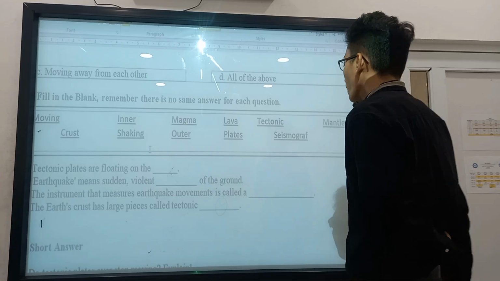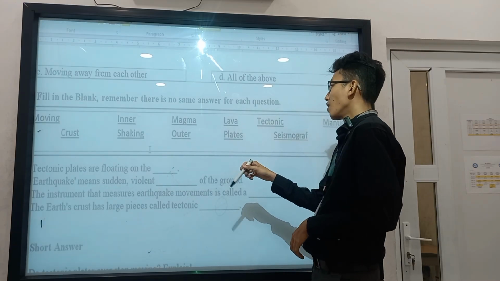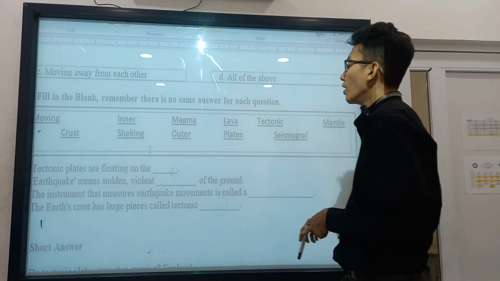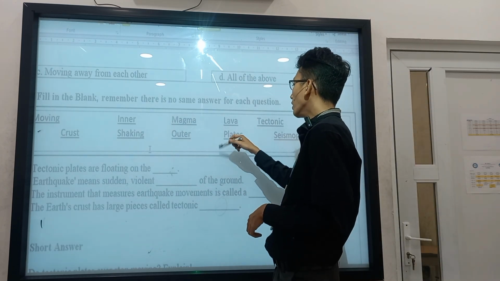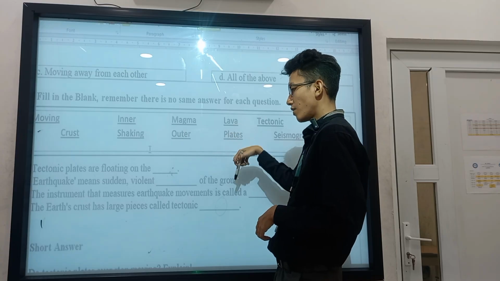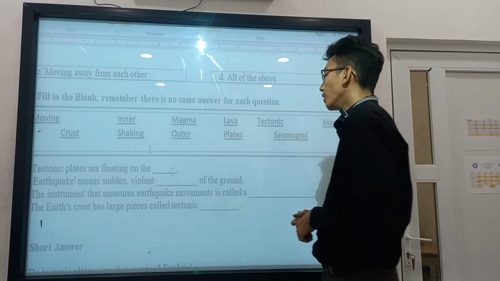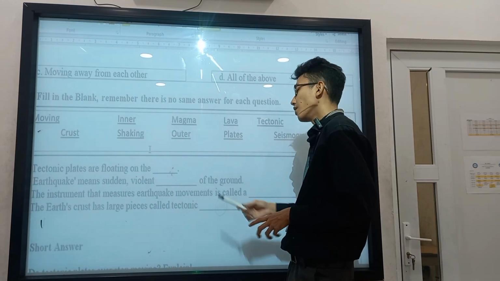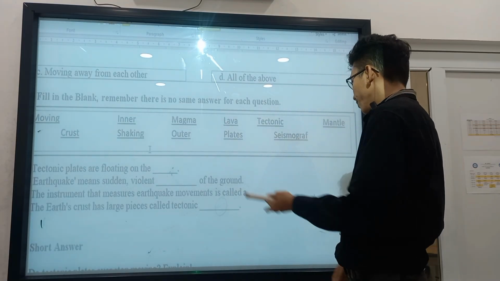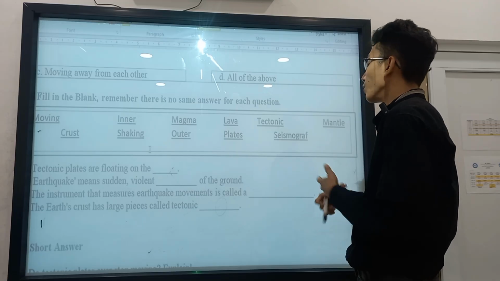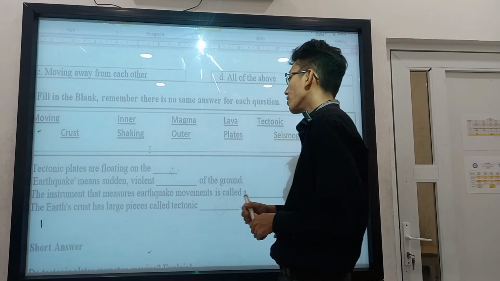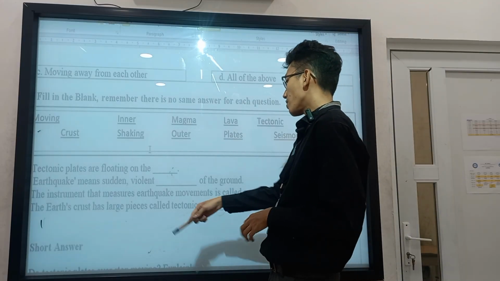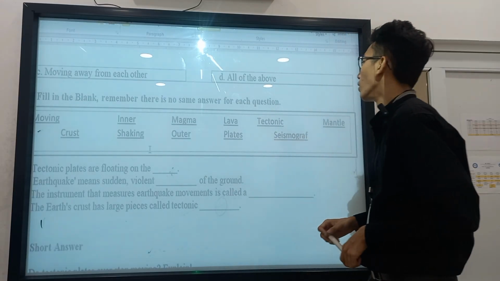It is something with a pen or a pencil on a roll of paper, and when the ground shakes, the movement of the pen will represent the movement of the ground of the place, and it is measured with the Richter scale, the unit of measurement of earthquake. And the crust has large pieces called tectonic plates.